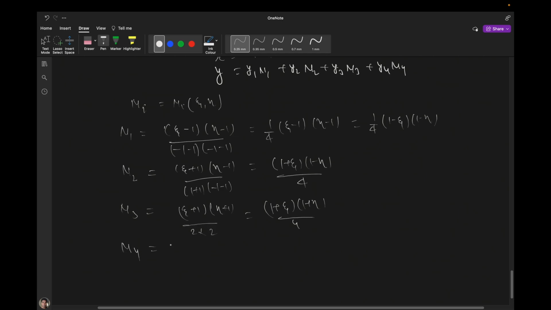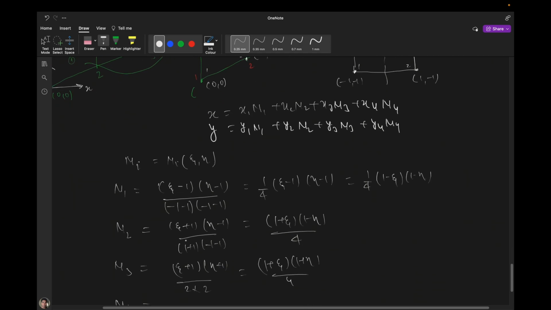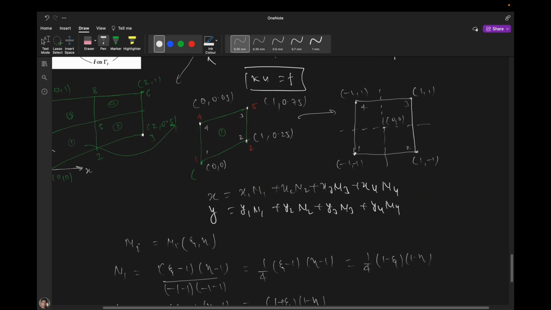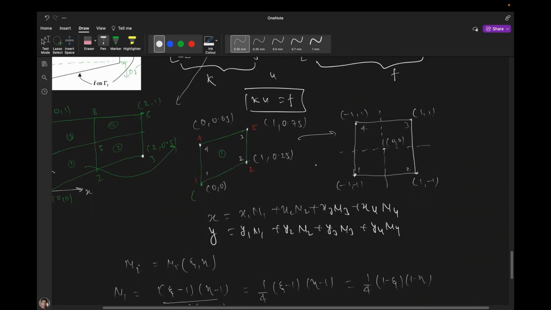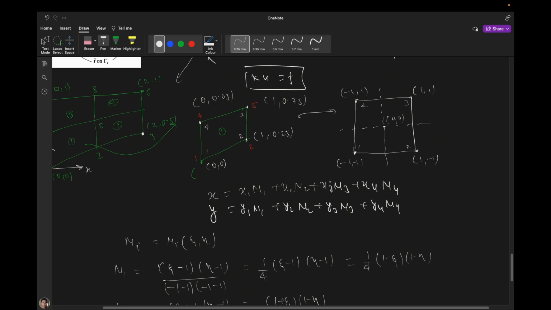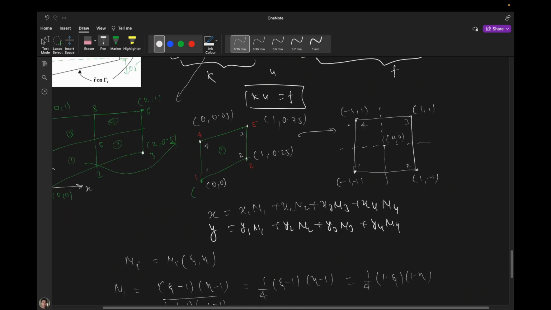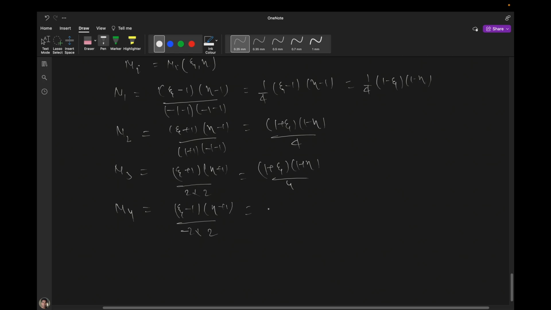And similarly n4 will be xi minus 1 and eta plus 1 divided by minus 1, divided by minus 1 minus 1, that will be minus 2 and 1 2. So here it will be (1 minus xi)(1 plus eta) divided by 4.